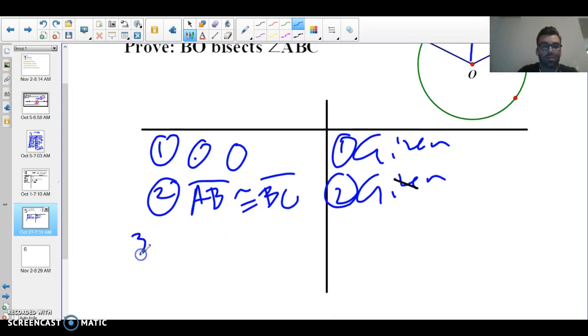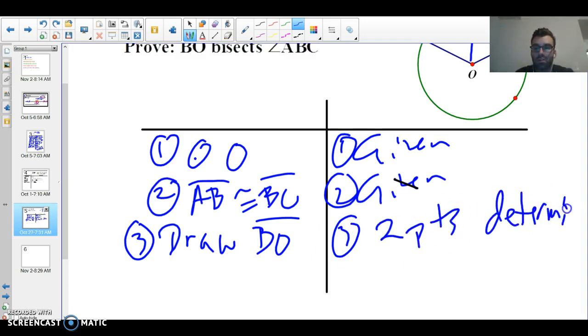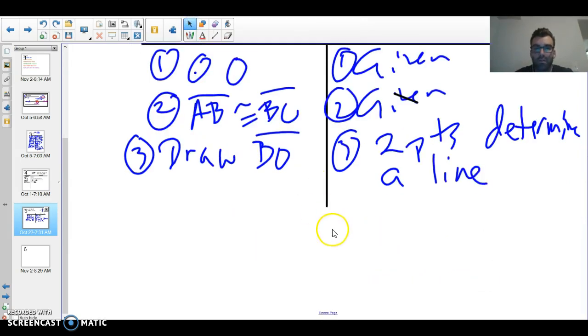Okay, so step 3 is draw BO. And that's 2 points determine a line.